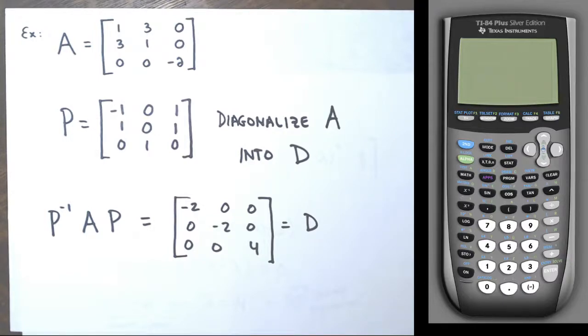If the eigenvalues aren't all different, if there are some repeated ones, first take a note as to how many times it repeats. That's the algebraic multiplicity. Then for those repeating eigenvalues, find the eigenvectors for those.